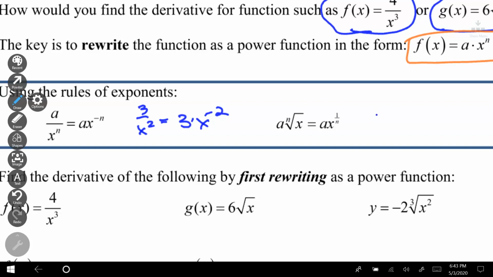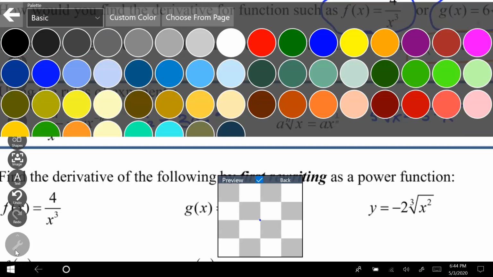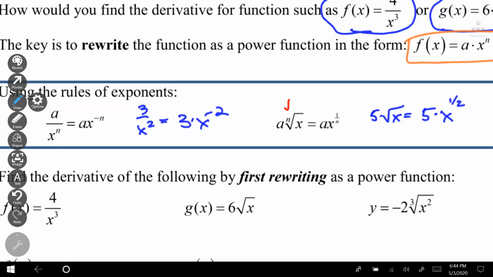Or if we have something like 5 times the square root of x, well, that's really 5 times x to the 1/2 power, because the square root is the half power, or this root is that denominator.